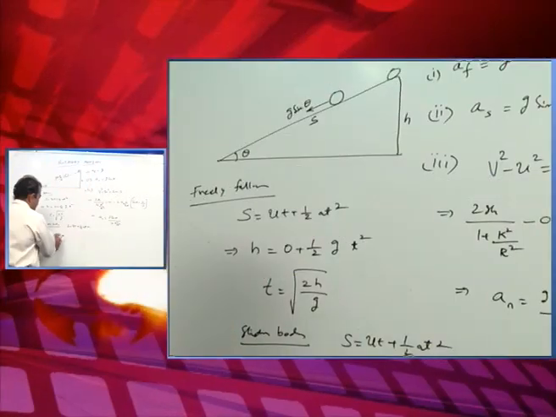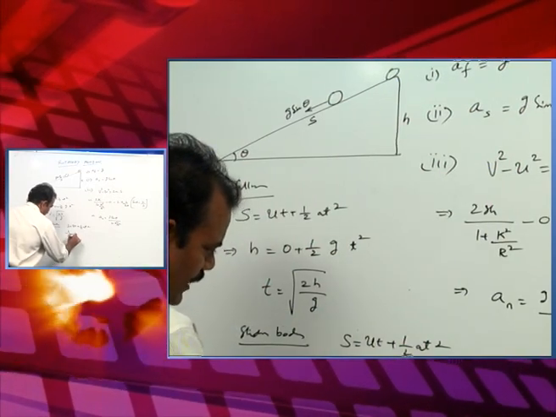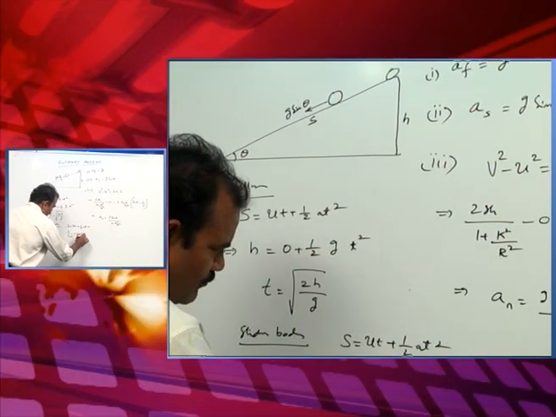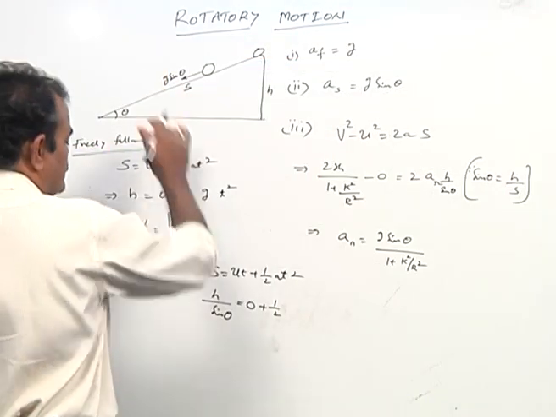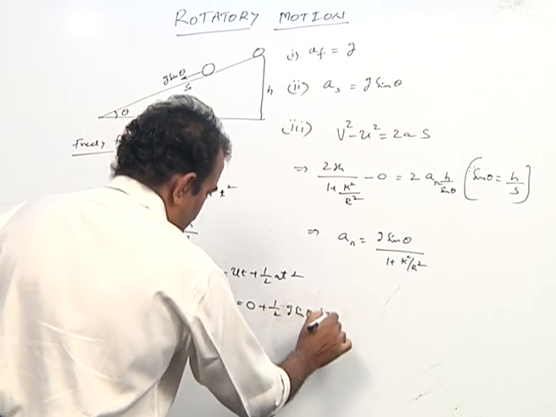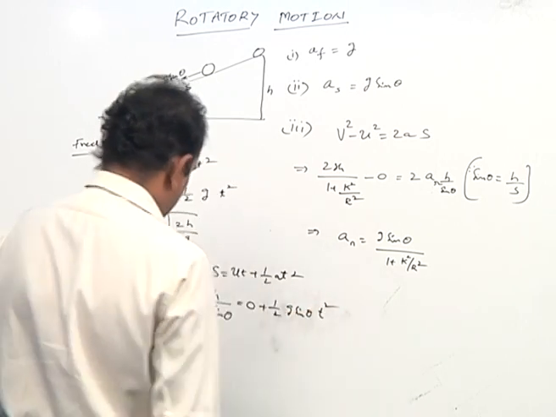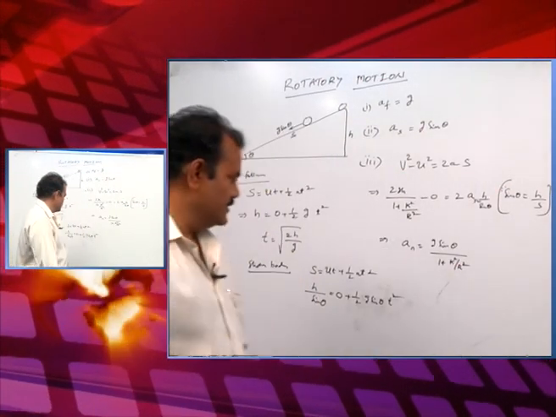So it is taken as h by sin theta, ut is equal to 0, and one by two, and the acceleration of the sliding body is g sin theta, times t square. That is the time taken for the sliding body to reach down the inclined plane.